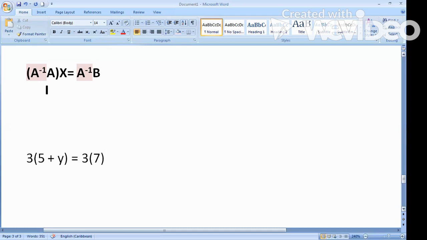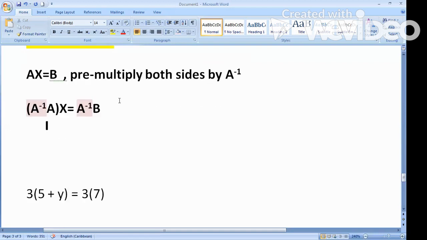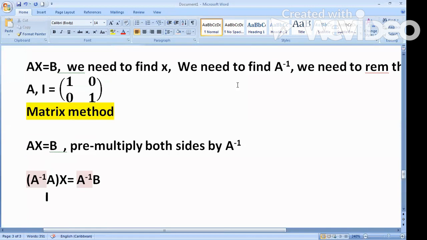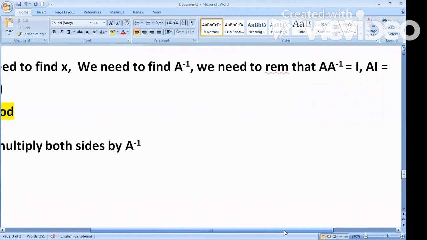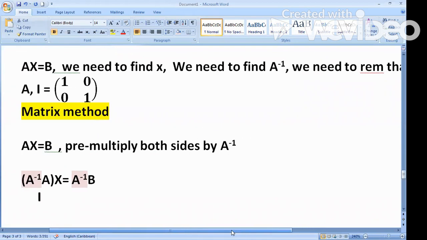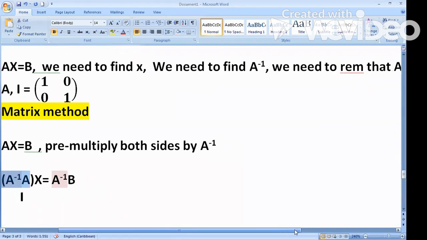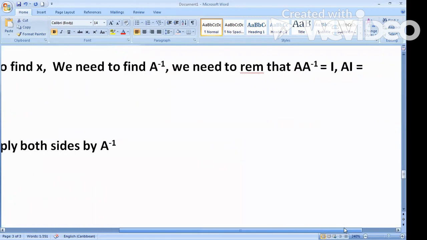So pre-multiply just means you multiply both sides by A inverse. And last week we also proved that A times A inverse gives us I. So if you look at this, this is A inverse times A, and A inverse times A and A times A inverse mean the same thing.